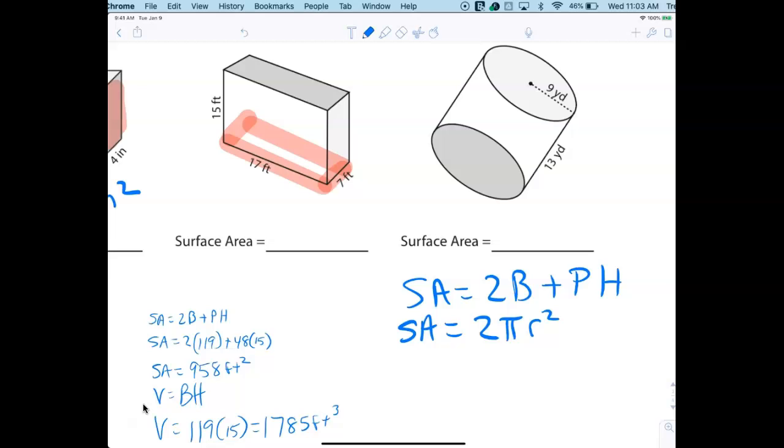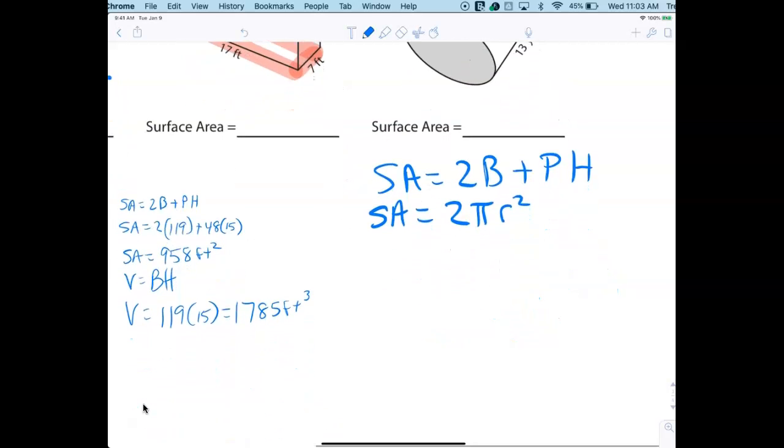So, when you have a cylinder, you substitute perimeter with what? Circumference. And what was the circumference formula, Jackson? C equals pi d. So we could say 2 pi r squared plus pi times the diameter times the height. You with me on that? That's not that hard, right?